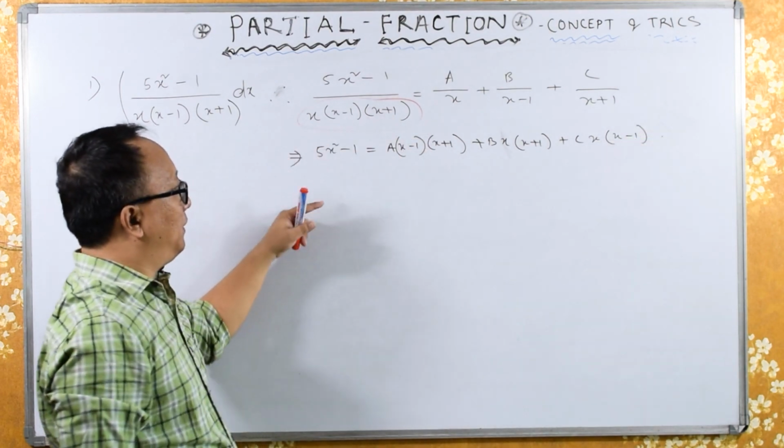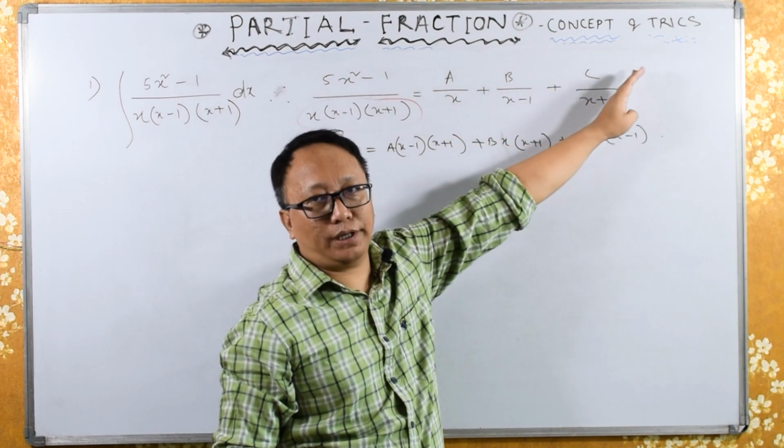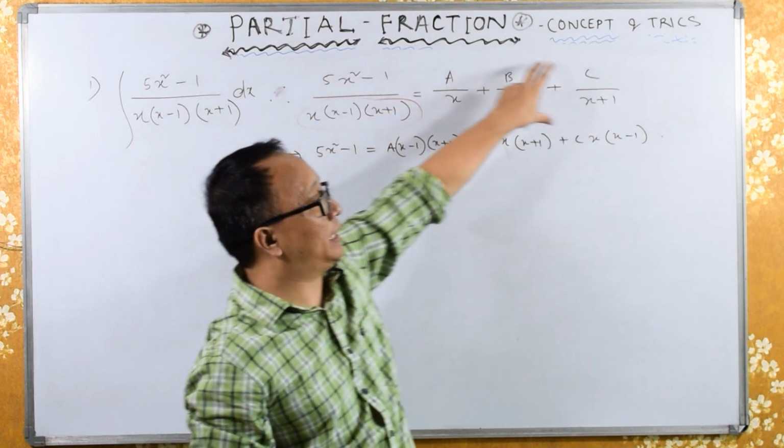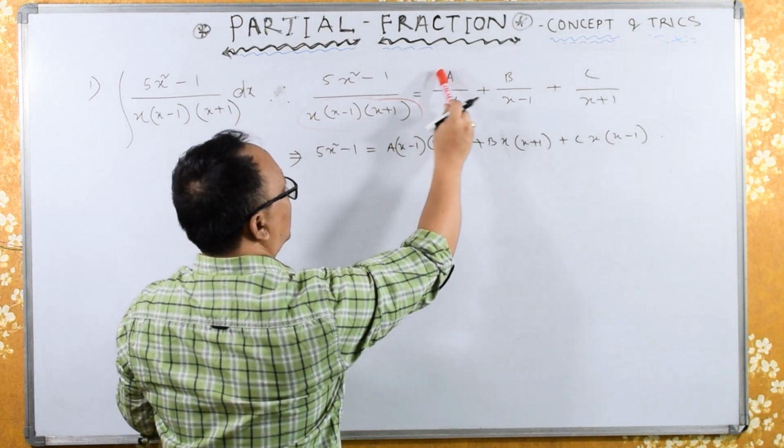What I am doing is multiplying the whole thing into both sides of the equation, left hand side as well as right hand side, each and every term.